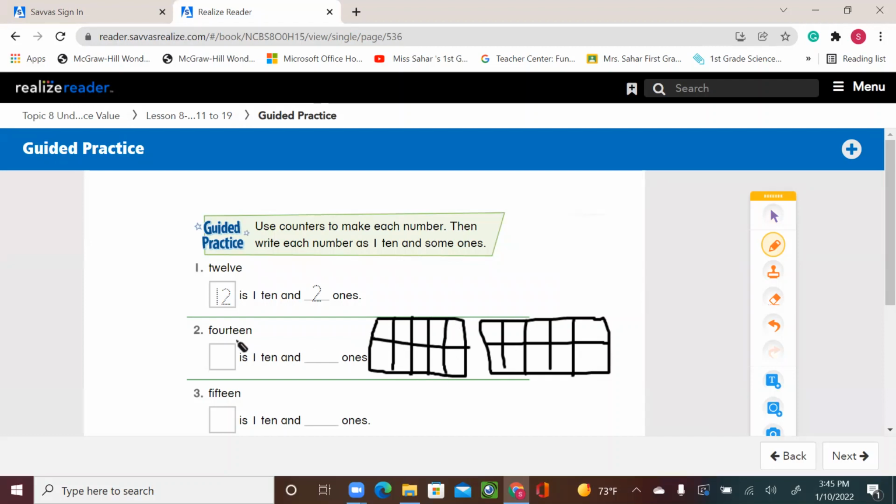All right, my number is 14, so that means 1 ten. Let me use a different color. So I'm using my counters. I'm going to make 1 ten first. That means one of my 10 frames, I'm going to fill it. And I don't need to count because I know there are 10 boxes and I filled it with 10 counters.